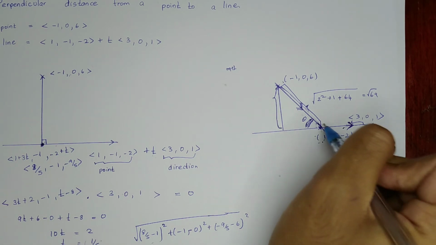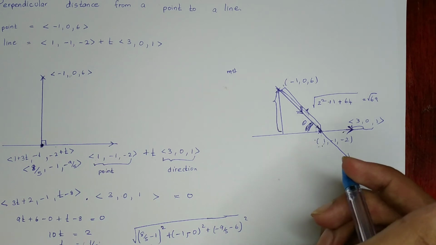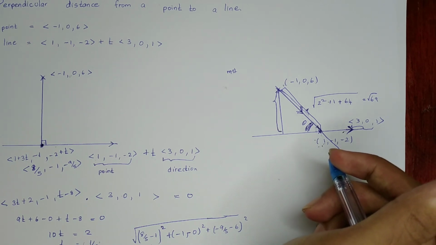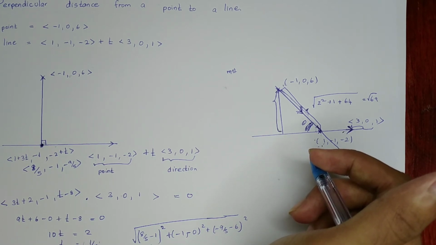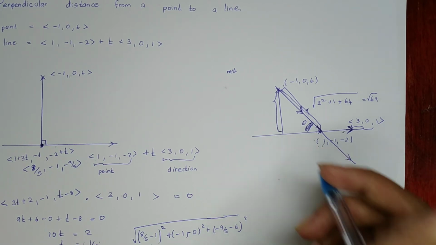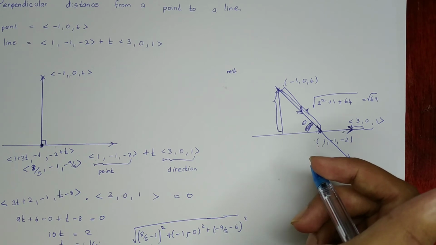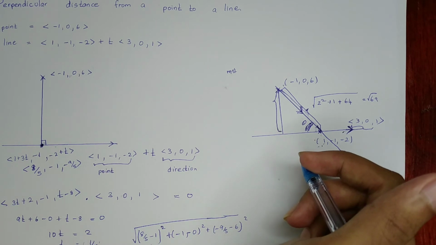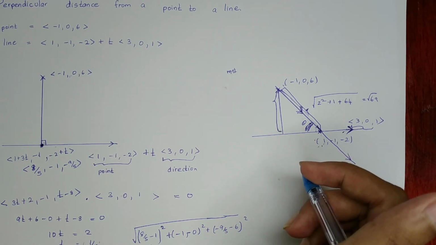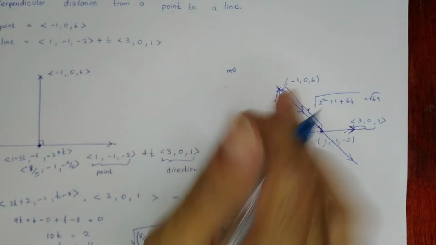Actually, we don't know the direction, so sometimes if you calculate this theta, you will get cos theta as a negative value, which simply means the angle is more than 90 and less than 180. But it's not a problem over here. If you get the angle in the negative, you need to change it, as cos of pi minus theta, cos in the second quadrant is negative, however sin of pi minus theta is positive. So you can directly find the sine value and use it to calculate this magnitude.